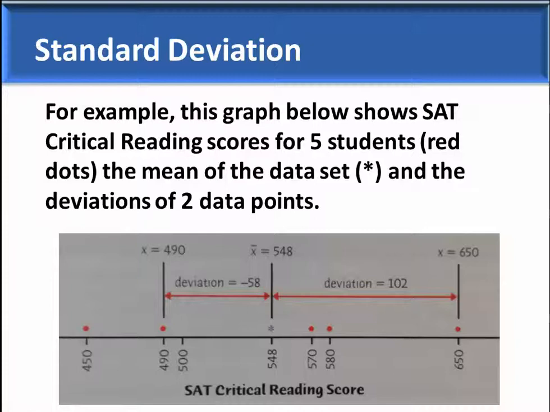They haven't calculated all of the deviations, but we're looking at the deviation of this highest value of 650 compared to the mean, which is a deviation of 102. That deviation, the difference, is how far away it is. Versus this other deviation, which is negative 58, for the score of 490. The deviation is negative. That shows us it's below the mean, by 58 points.